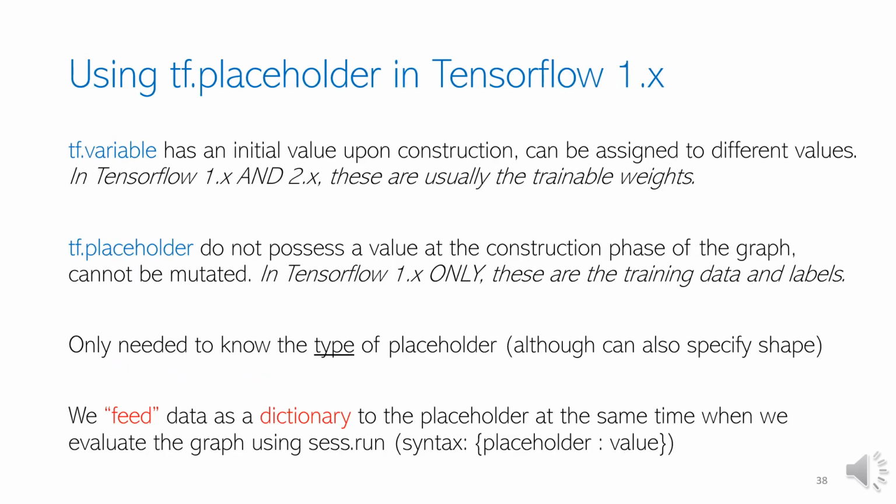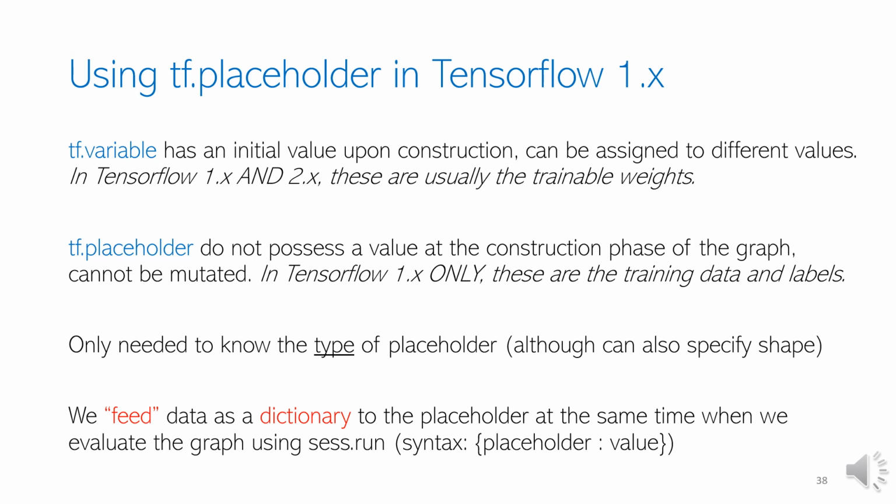So far, we've seen the differences in execution pipelines of TensorFlow 1 and 2. In TensorFlow 1, we had something called placeholder. Placeholders do not possess a value at the construction phase of the graph, and they exist only in TensorFlow 1. We use them to feed the training data or the training labels during the runtime of a graph.